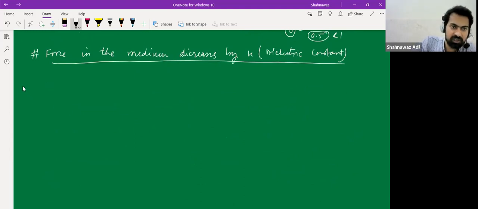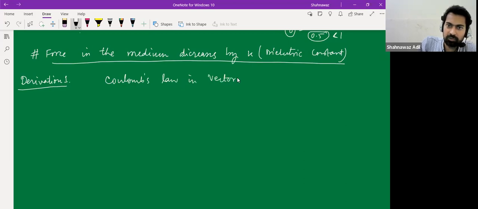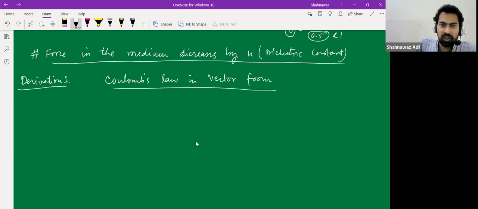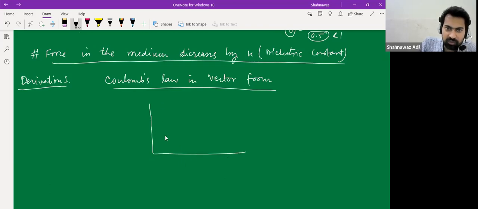So let me just derive derivation one. This is Coulomb's law in vector form. Let's say that you have this coordinate system x and y, and these are the two position vectors.